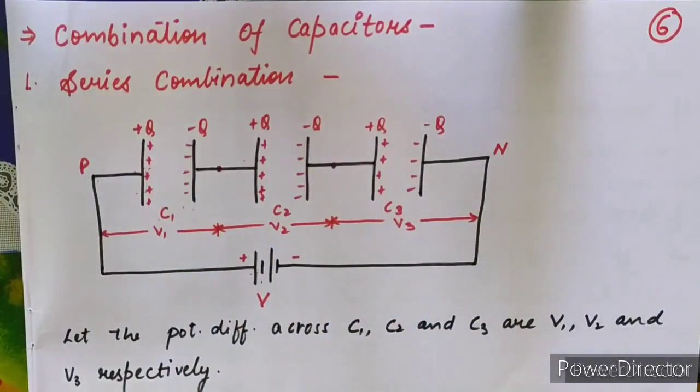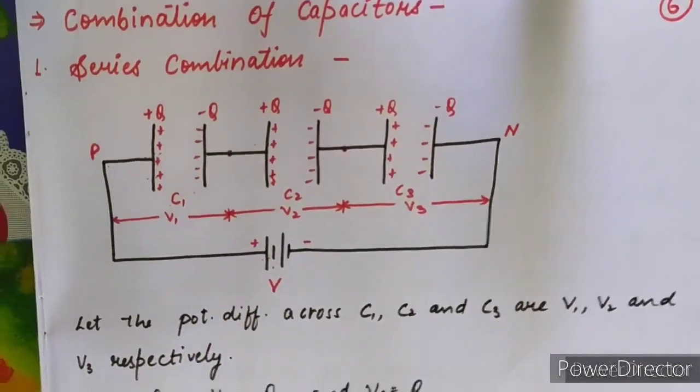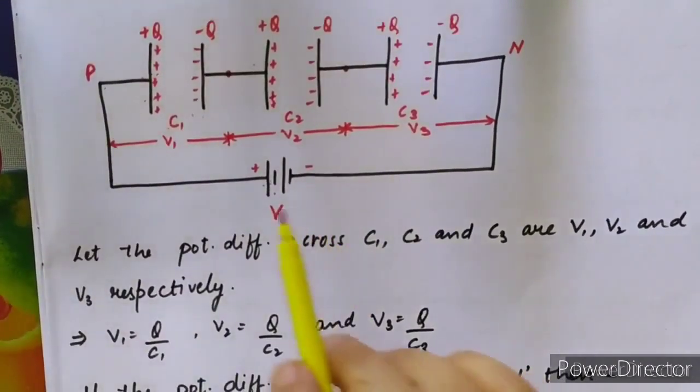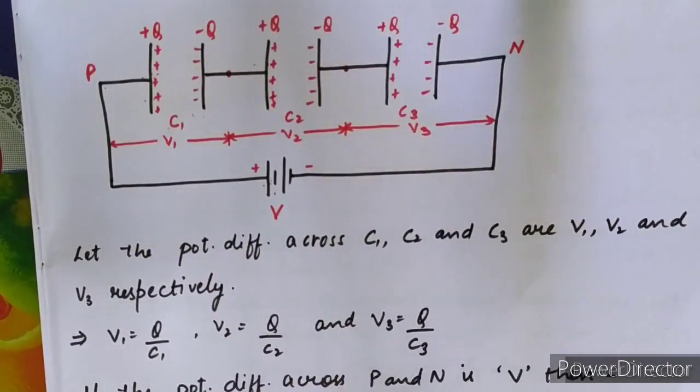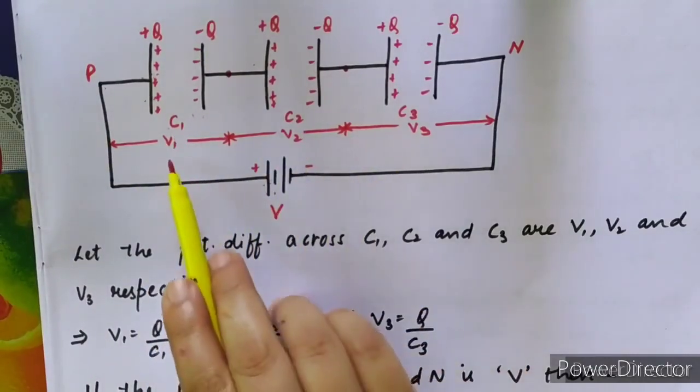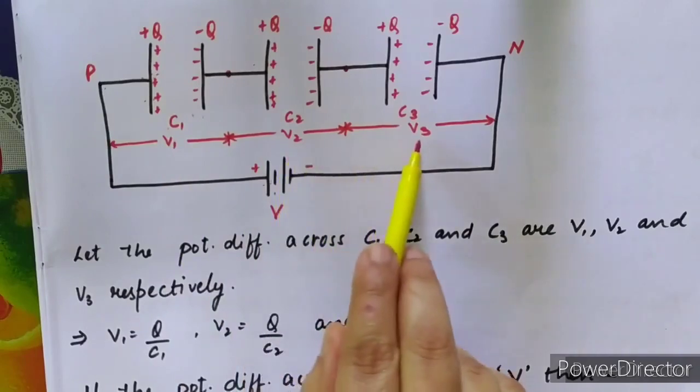Now, by the complete distribution of the charge on each plate of the capacitor, since the capacitances are different, their potential differences will also be different.